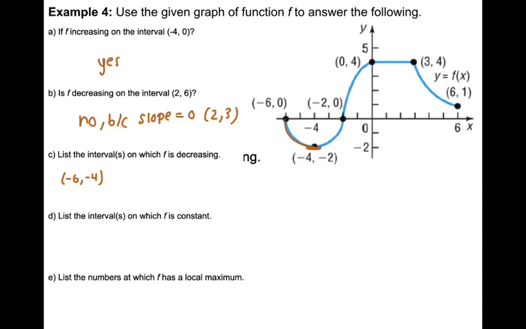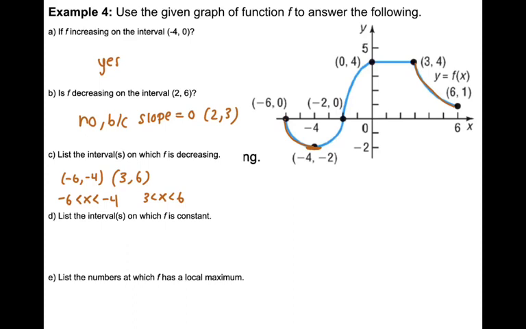All right, what is the next interval where our function is decreasing? Well, the next interval is down here from 3 to 6. So I just used interval notation. You could also choose to use inequalities if you'd like. The first interval would look like that, and then the second interval would look like this.